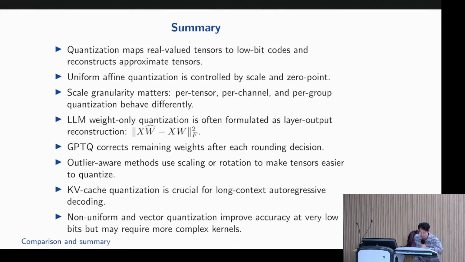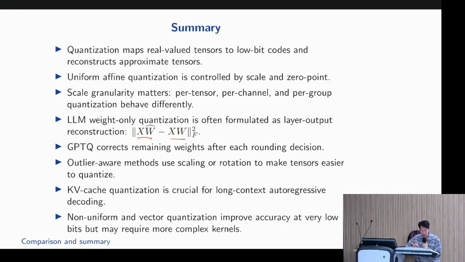Okay, so let's do a brief summary. Quantization maps real-valued tensors to low-bit codes, and you can decide to quantize just the weights, which are the bulk of the memory, or also do activation quantization. That makes sense if your hardware supports efficient matrix multiply in 4 bits or 8 bits or 2 bits. And what is the typical objective? The common approach is to look at the output activation before and after quantization.